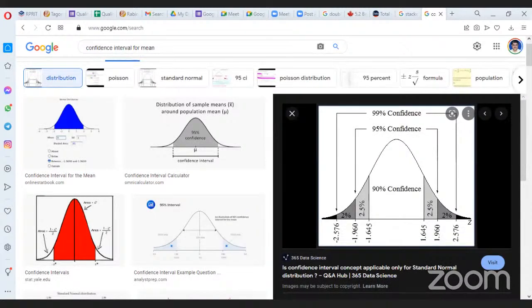When it is 1.96, you can think of 1.96 as your Z score. You can think about the 95% confidence. And when it is 2.58, then you can think about the 99% confidence.